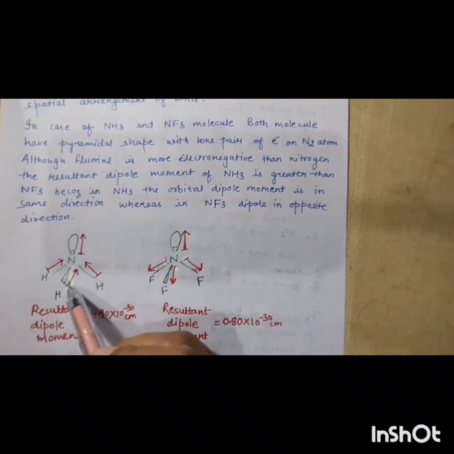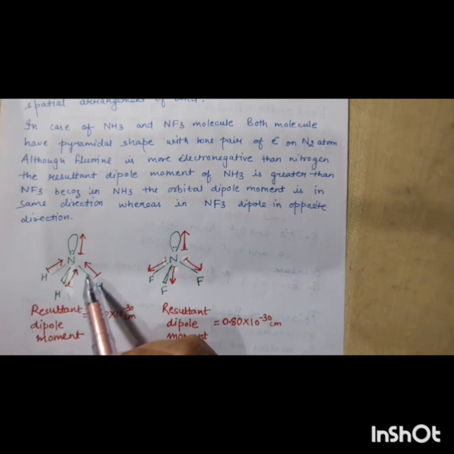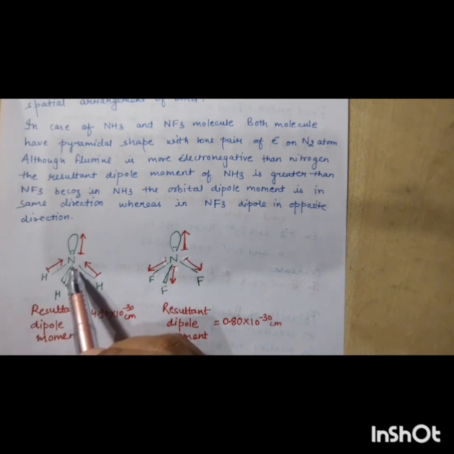So here in the dipole moment, you see the arrow, the electron shifts from hydrogen to the nitrogen atom, as in the case of nitrogen and hydrogen, nitrogen is more electronegative, so electron density shifts to the nitrogen atom. So the dipole moment moves in one direction.